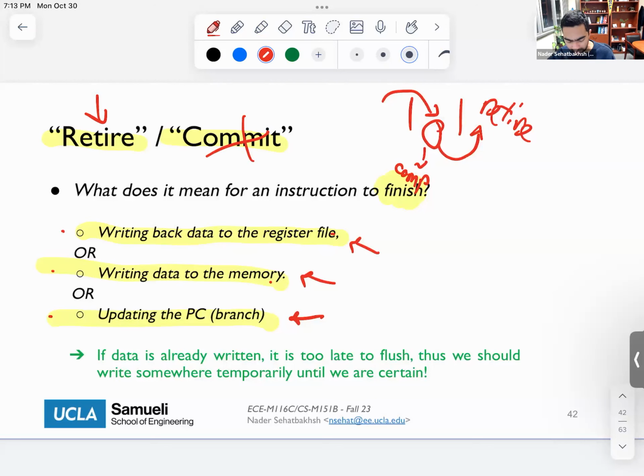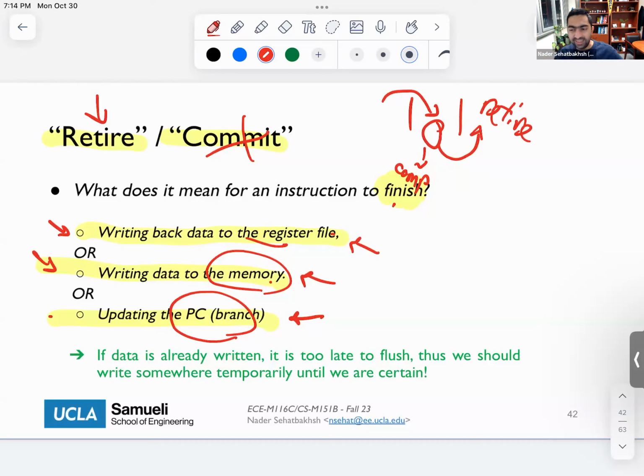All right, so going back, the problem, as I said, is that for an instruction to finish, it has to write its data to some form of permanent data memory or register: either the register file, the data memory, or the PC. In order to help us flush things, what we need to do is differentiate between the data that is ready to be written versus actually writing it to those stages.